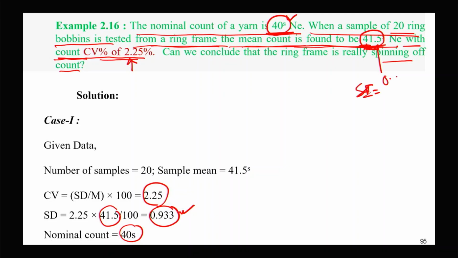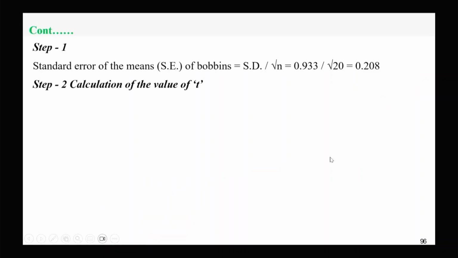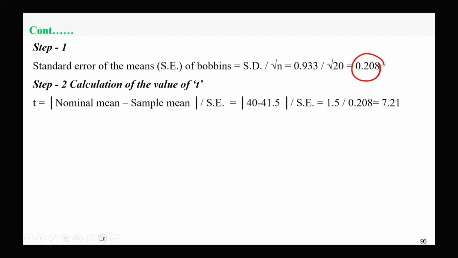So here we can calculate the standard error: 0.933 divided by the square root of the number of samples, 20. So the standard error of mean is 0.208. Now we have to calculate the t value.